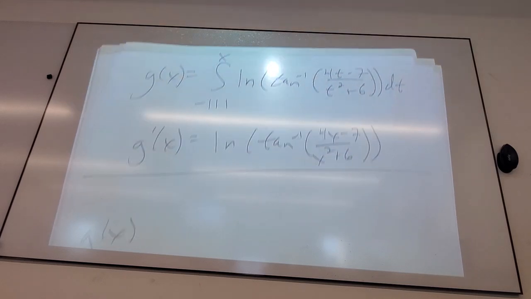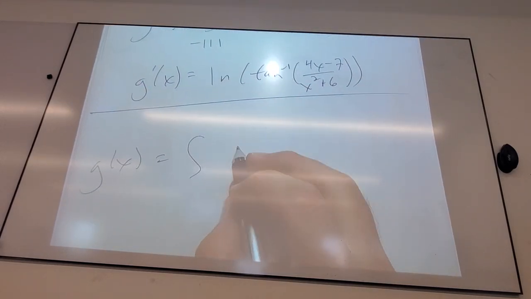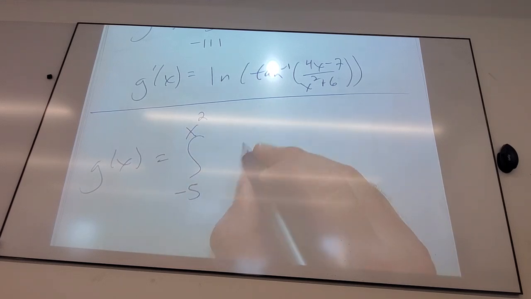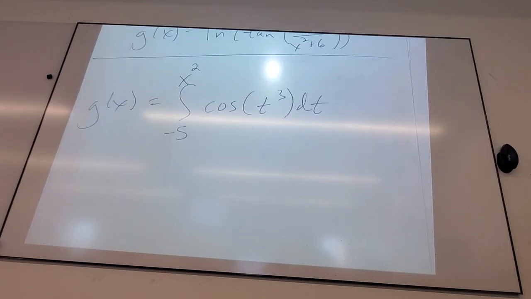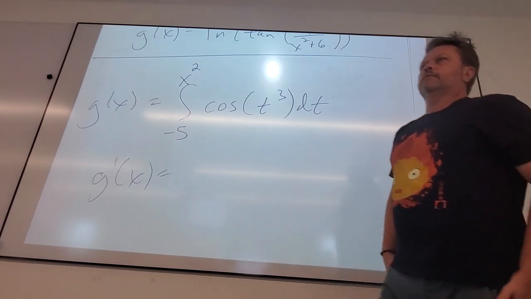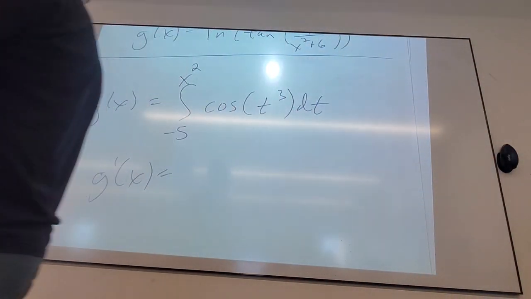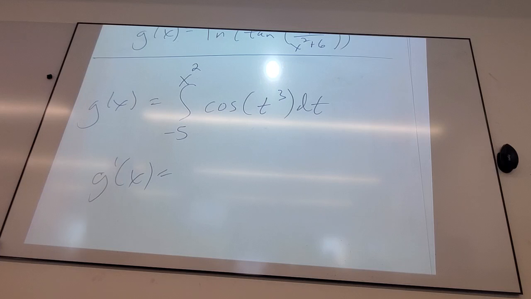But here, let's see if you understand what's happening. So I want to know what G prime is. Can anyone identify the rule I've got to use?